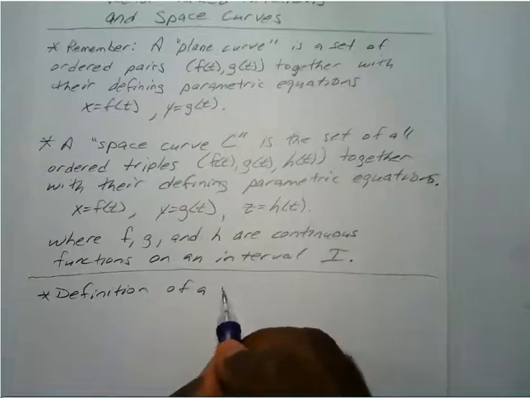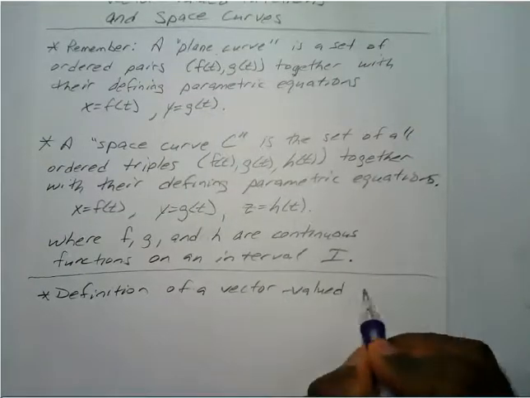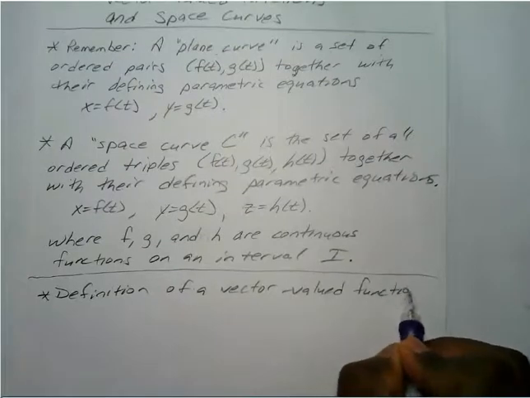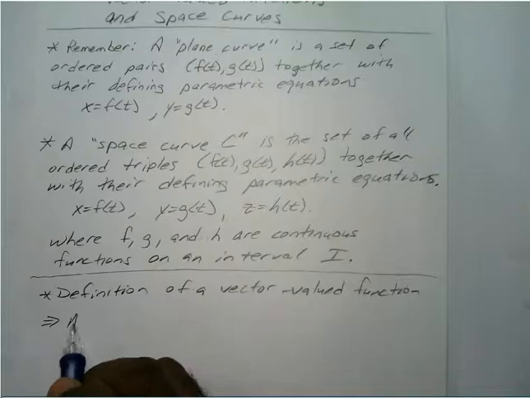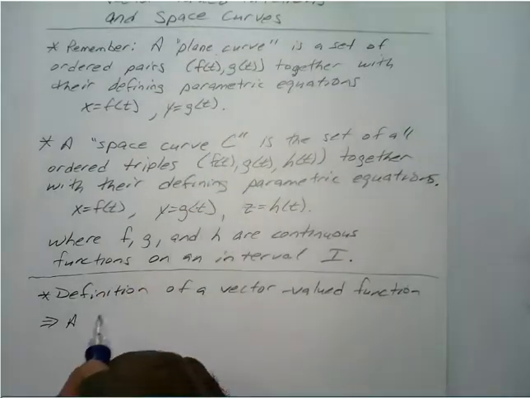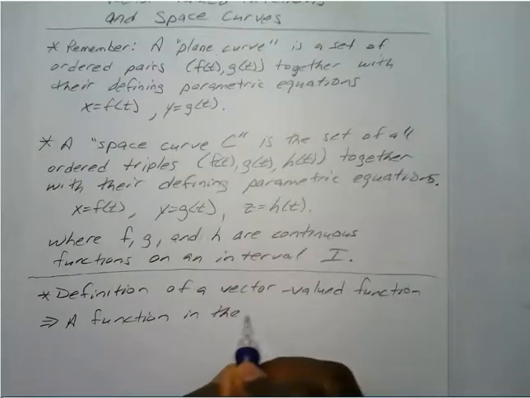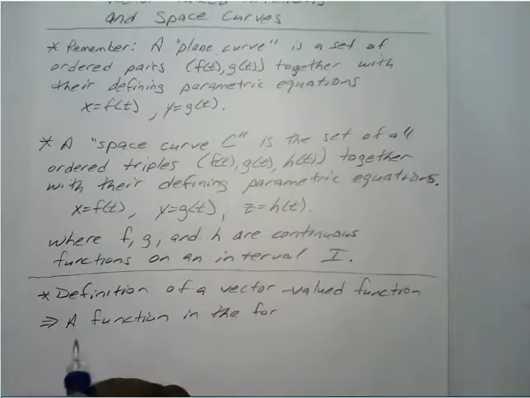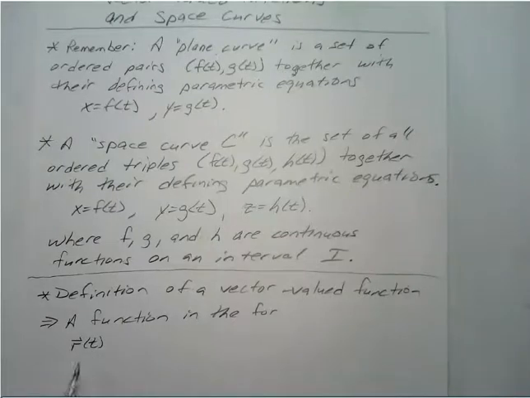In other words, a function in the form that we have listed up there. We'll call it R of t, or you may see V of t, W of t.